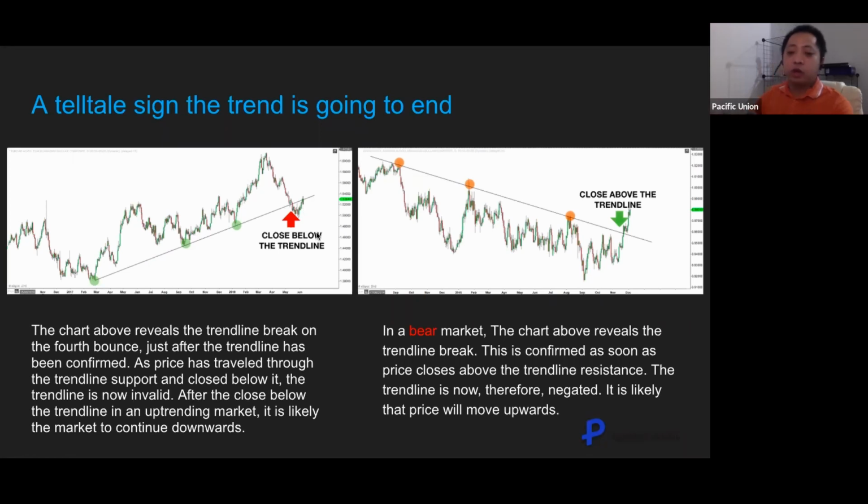Now that is very normal, by the way, for the price to invalidate the trend line, go up, touch it again, but instead of using it as a support, it's using it as a resistance. And vice versa for a downtrend. Here we have a downtrend, the price is using it as a resistance. On the fourth one, instead of creating a pin bar, it punctured it, went back a little in here, and used it as support to go higher.